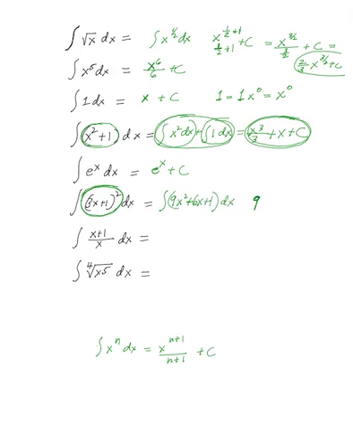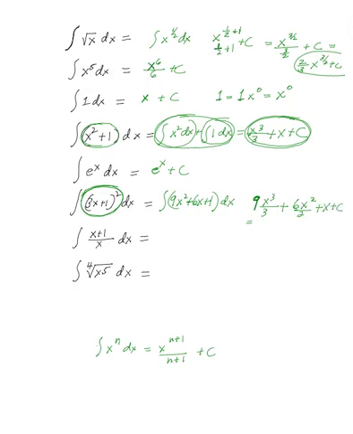Just like with derivatives, with antiderivatives, you can bring constants out front. So, bring the 9 out front. The antiderivative of x squared is x cubed over 3, plus antiderivative of 6x is 6x squared over 2. The antiderivative of 1 is x. Then I got plus a constant.